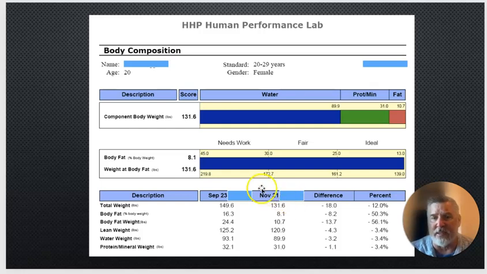In this case, we have a female that's 20 years old. Her component body weight is here, and then we have her percent body fat, and then weight at body fat. The challenge with this post test, if you look, is she came in at 149.6, and then after the first training cycle, she was at 131.6. Her first body fat percentage was 16.3.